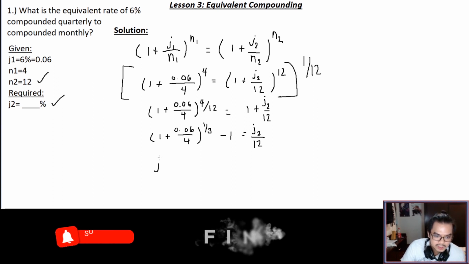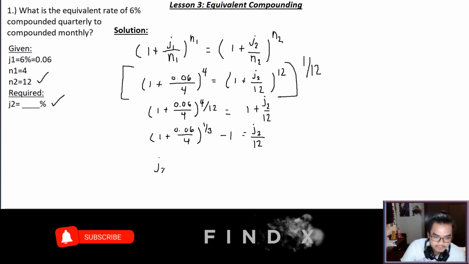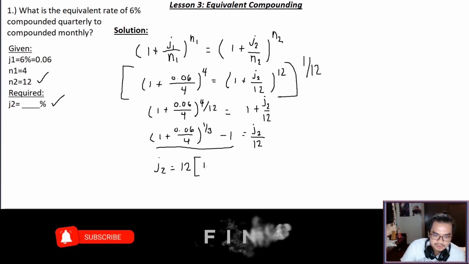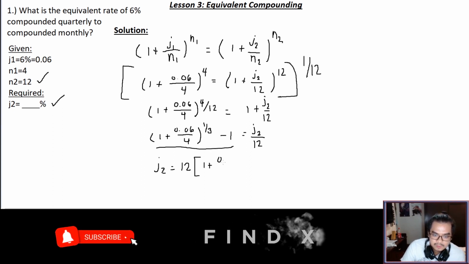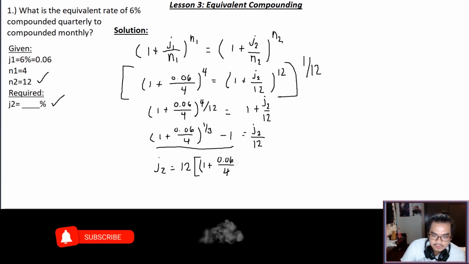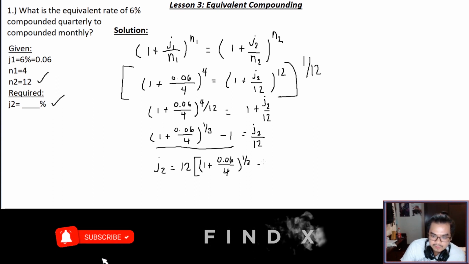Therefore, the value for J2 is equal to 12 times 1 plus 0.06 all over 4, this must be raised to 1/3, and then minus 1.